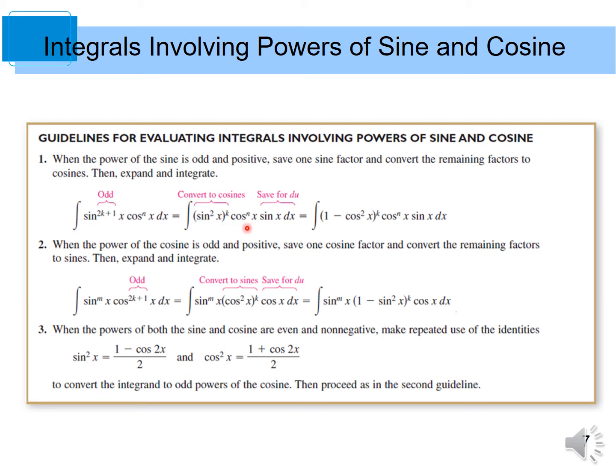We save one sine factor, so we break the order into 2k plus 1, which is sine to the power 2k of x and one more sine x. Then convert the remaining factor to cosine. So we convert sine square x to 1 minus cos square x.